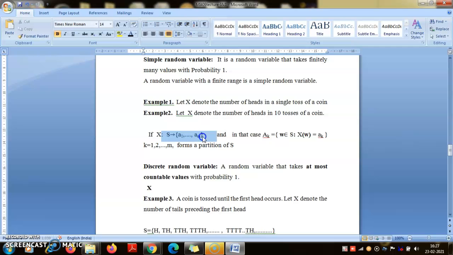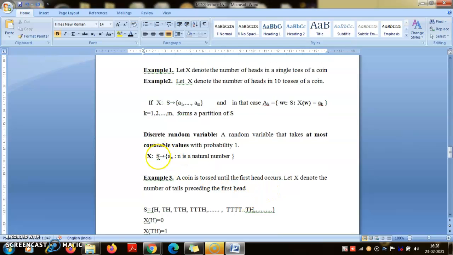So let's say X is mapped onto these an, where n is a natural number. This is then a discrete random variable, and then you will get a countable partition.